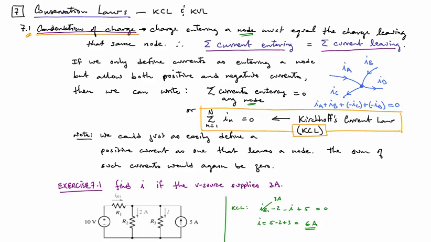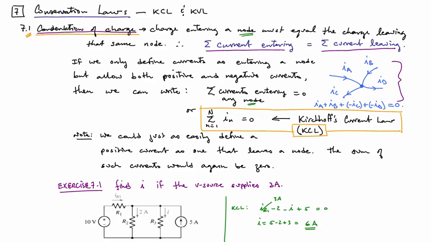This is nothing more than saying that if you sum all of the currents labeled as entering a node, they will equal zero. If you sum all of the currents labeled as leaving a node, they will equal zero as well. As an example, here we have a node with four currents, I_A through I_D, and you see the arrow convention there.